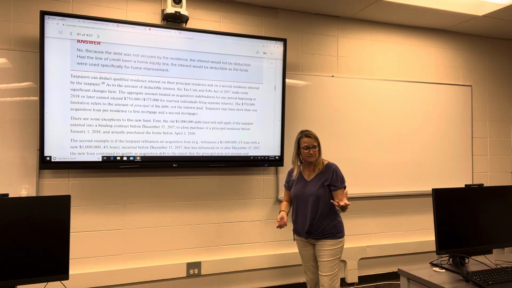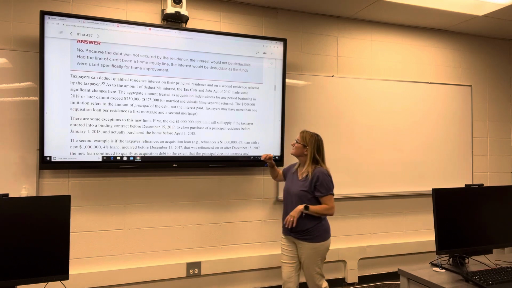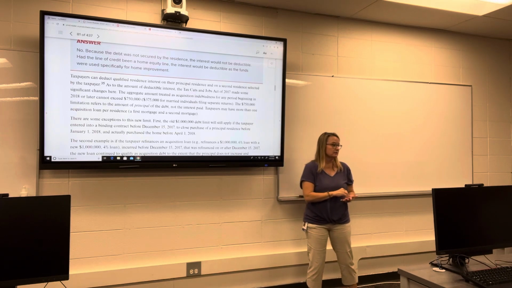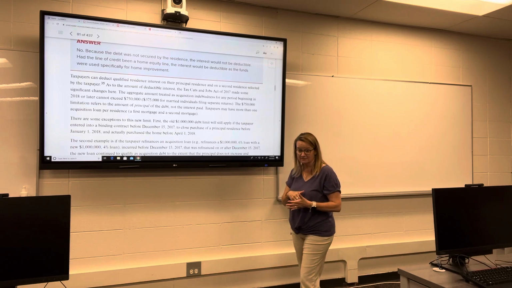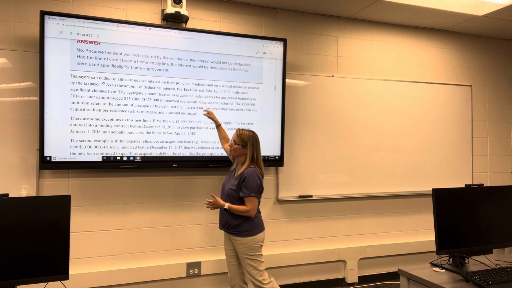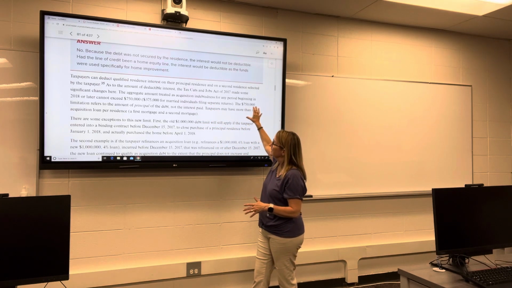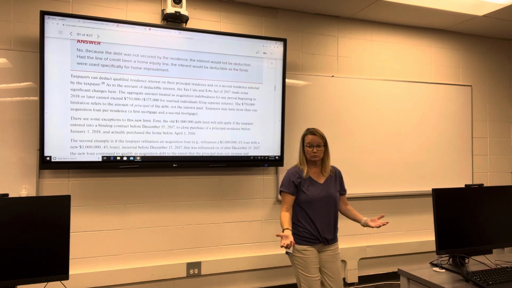But on a second residence, you can pick and choose amongst those other 6 homes. Now, there are limits, not necessarily on the interest itself, but on the amount of debt. The maximum amount of indebtedness cannot exceed $750,000 in total.